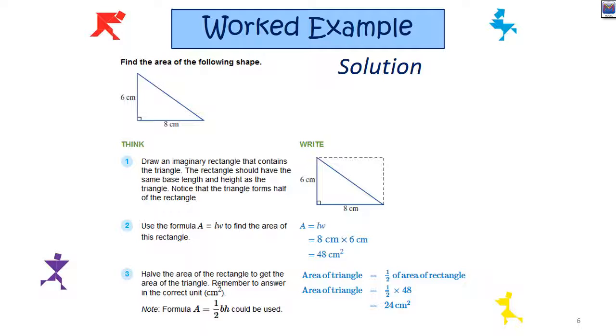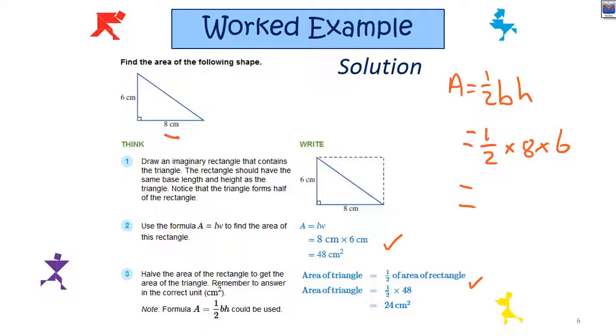So they did the area of a rectangle here, length times width, and then halved it. Alternatively, and probably what's easier, is just to say area equals a half base times height. There's my formula. Keep my equal signs lined up. A half times, what is my base? 8. Times, what is my height? It's the other one, 6.